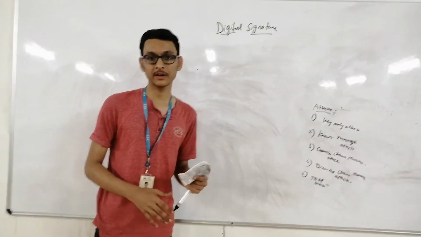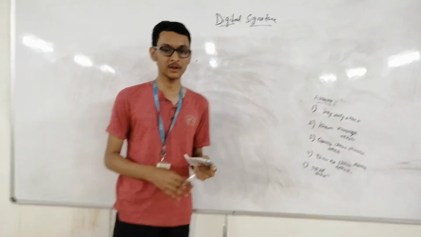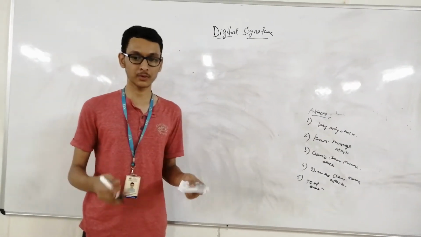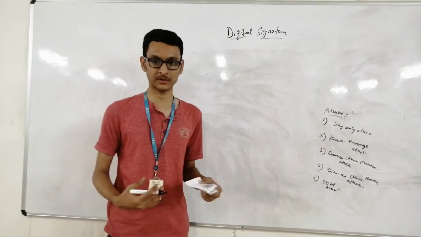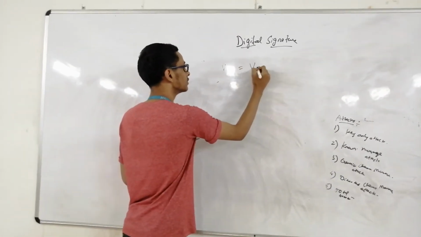I have been saying that V1 should be equal to V2 in order for the message to be authentic, or to prove that the message has come from its original source. So let me prove that V1 is equal to V2.